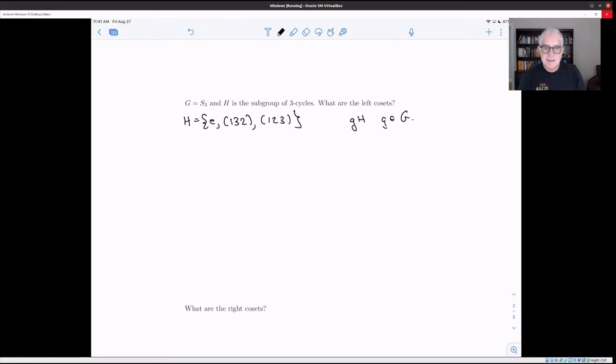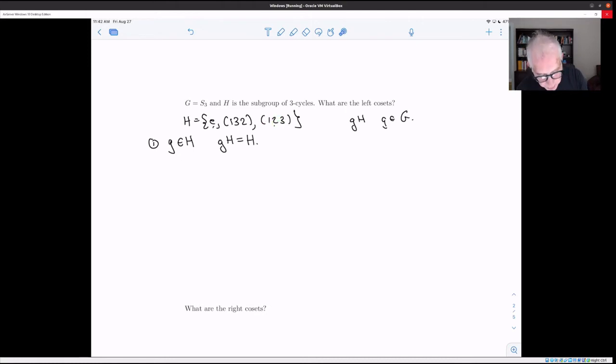So what are the possibilities for g, little g? First of all, if g is a rotation, so if g is in H, then gH is going to be H again. Why is that? For example, suppose for g I picked (1 2 3). Well, if I multiply (1 2 3) times E, I get (1 2 3).